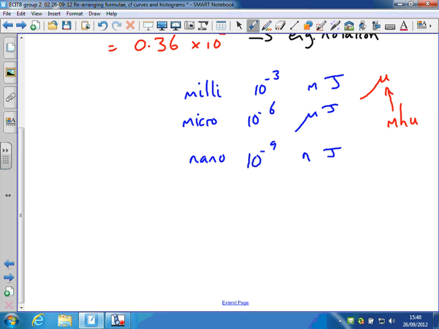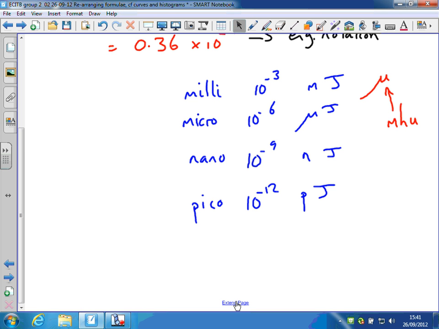These sorts of prefixes become useful in electrical work when we talk about farads and capacitors. We normally talk about microfarads or nanofarads, or even 10 to the minus 12, which is pico. So little p. Oops, we've got farads then. Joules.